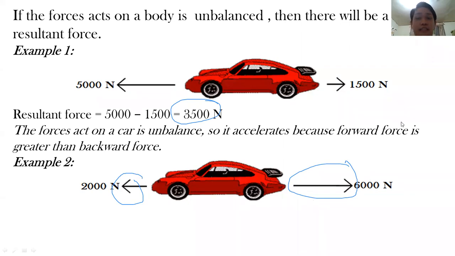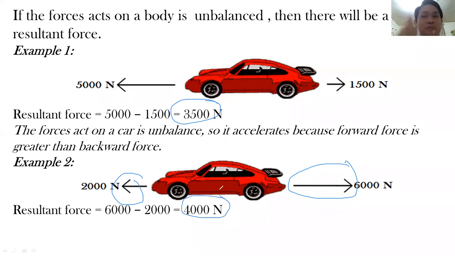So that shows that the backward force is greater than the forward force. So in that case, our resultant force is equal to 6,000 minus 2,000, and that gives us 4,000 Newton.